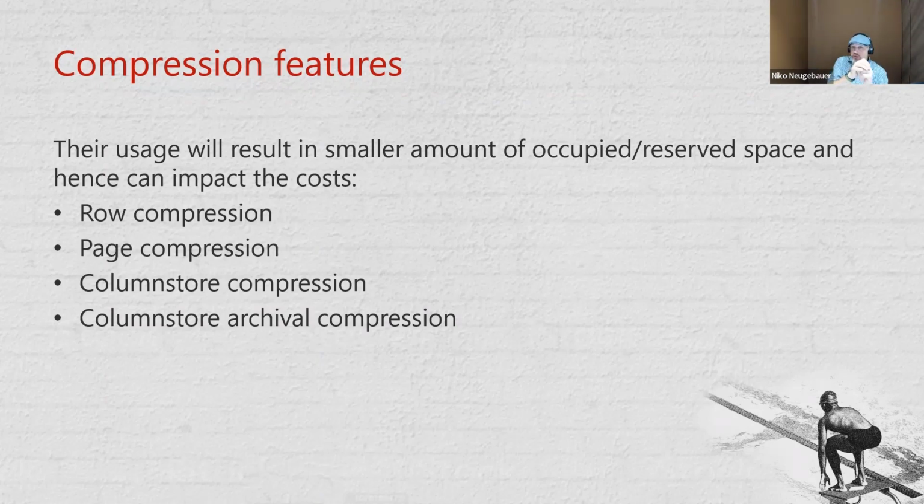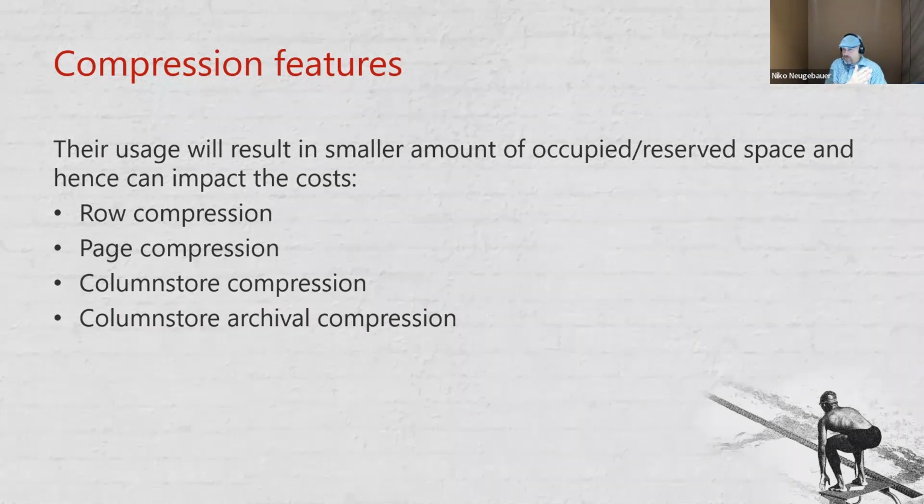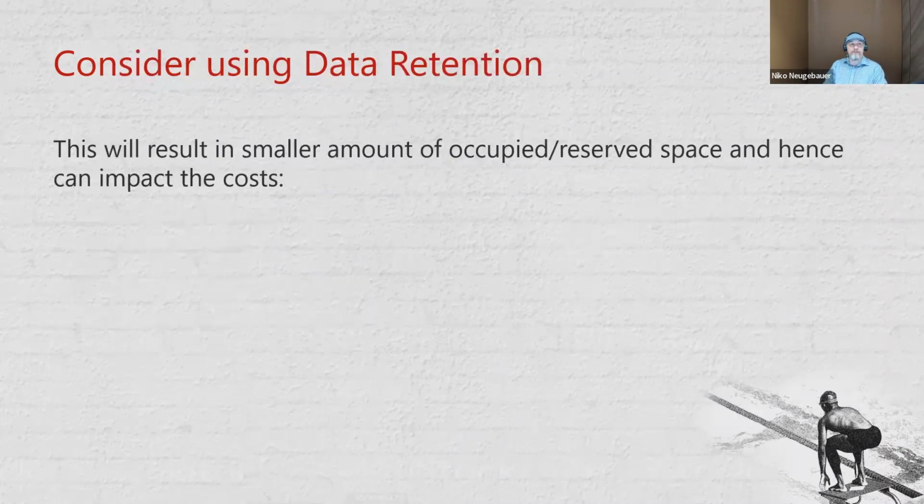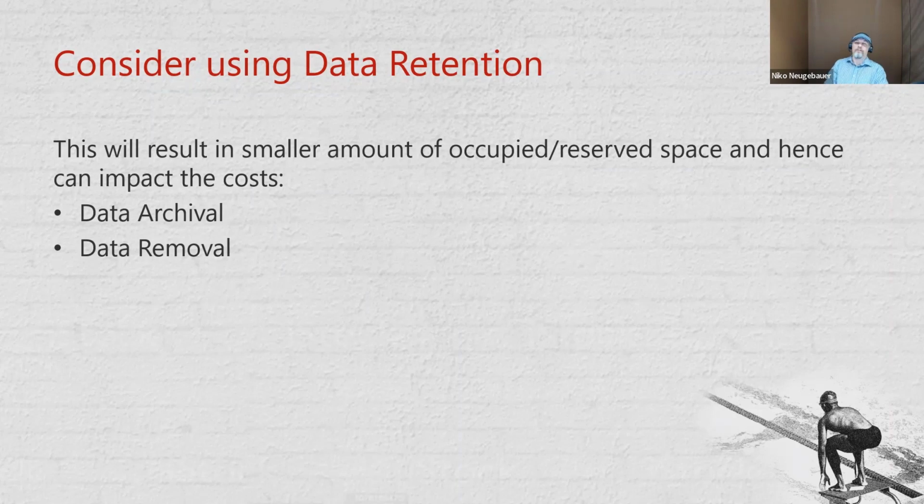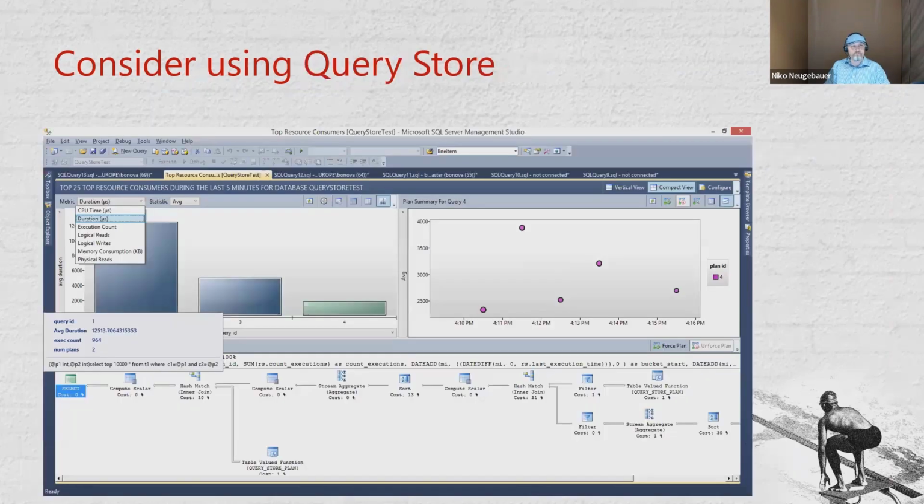But the less storage you occupy, you can eventually lower the reserved storage and thus have a very positive monthly impact on your costs. Consider using data retention, data archival, data removal. Why do you store the data if you do not use it? If you do not need it, there are no obligations for that.